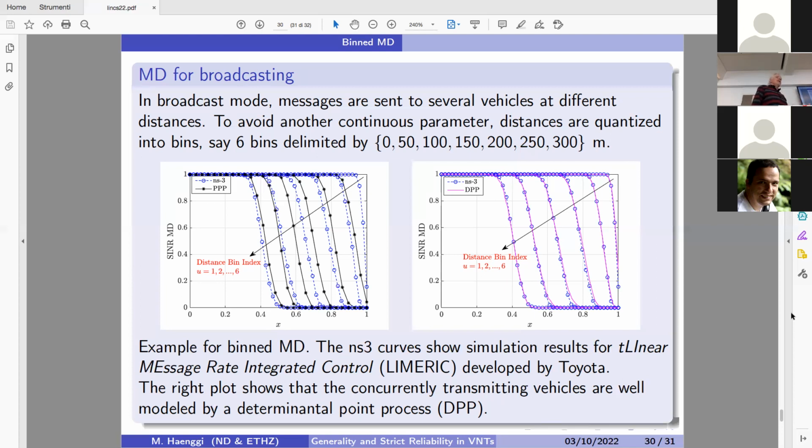That, of course, is to be expected, because now the transmitting vehicles do not form a PPP, but a more repulsive point process, which can be modeled using a so-called determinantal point process on the right here. This kind of extension to non-Poisson processes is part of ongoing research.